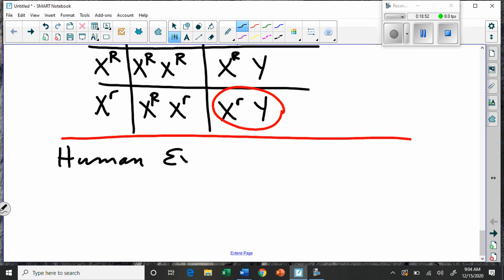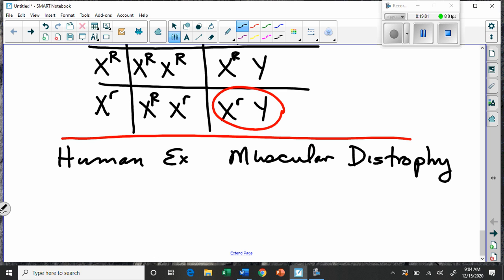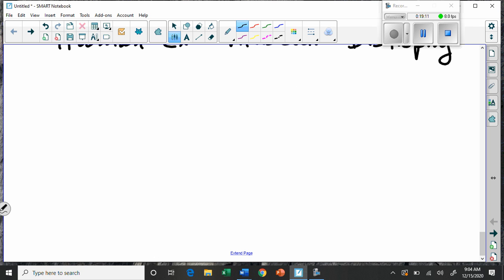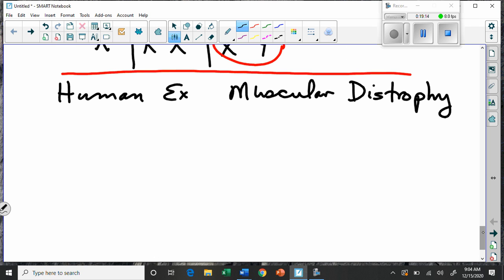A human example, muscular dystrophy, which is a disease where your muscles basically don't function. They slowly degrade. Dystrophy means they stop working. They just don't work properly, and they weaken over time. So it's not a very good disease to have, if any disease is good.